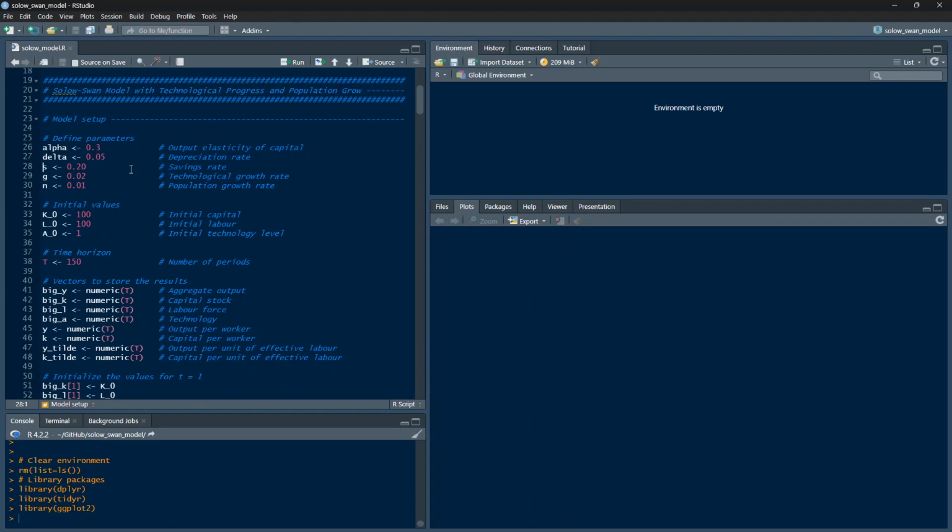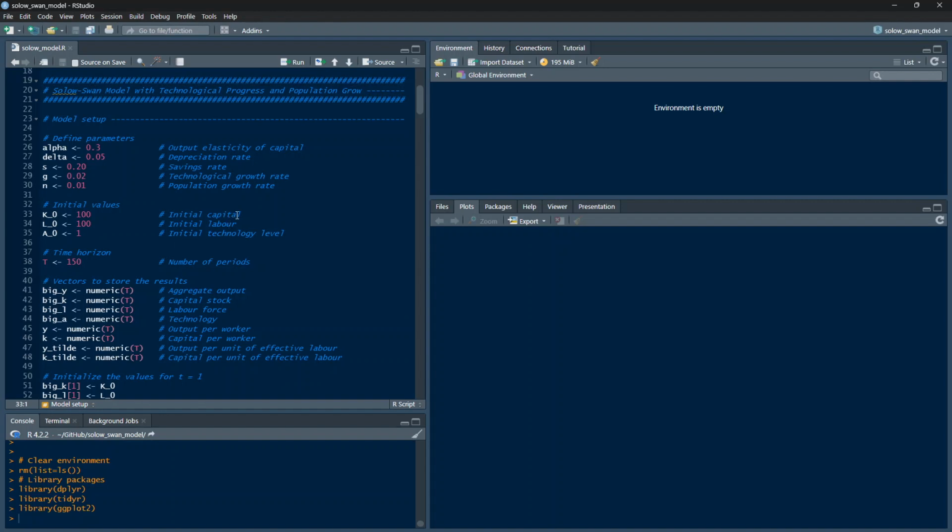So that means that individual households will consume 80% of their income and they'll save the remaining 20%. The technological growth rate is going to be at 2%, and the population growth rate is going to be about 1%. Again, these are the standards from the literature and reflect approximately what we see in reality.